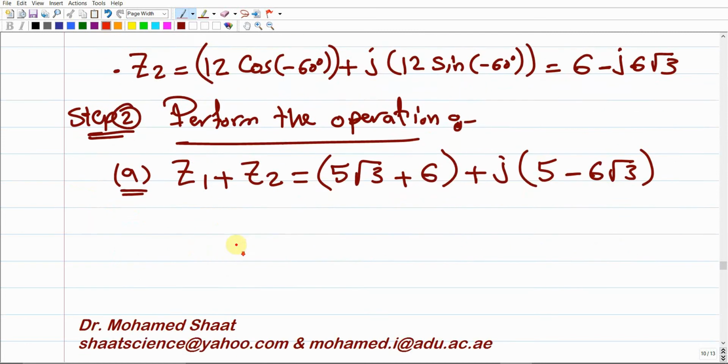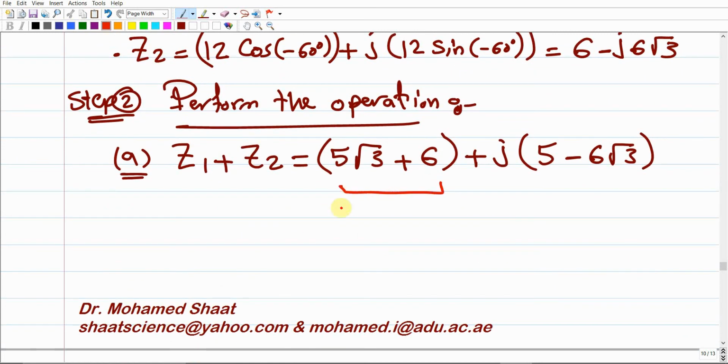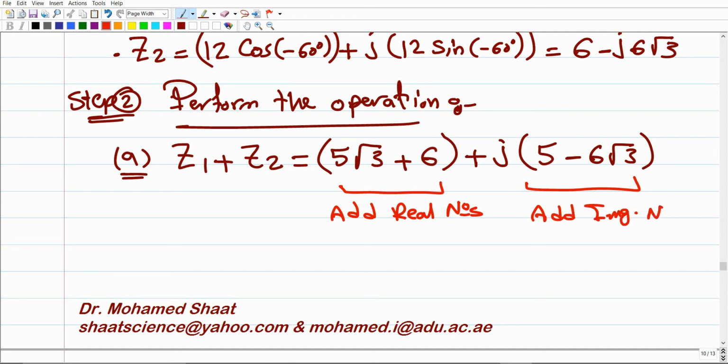So your objective is just to add the real numbers, and then add the imaginary numbers. You can directly end up with this value, which is going to be the complex number that is the addition of Z1 plus Z2. You can even do the calculation.